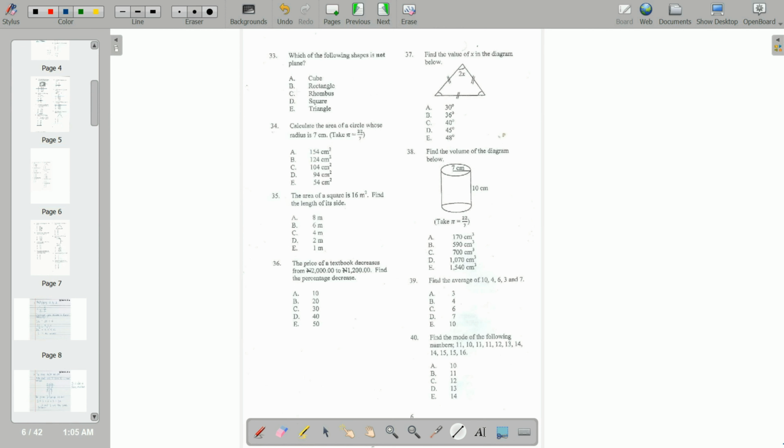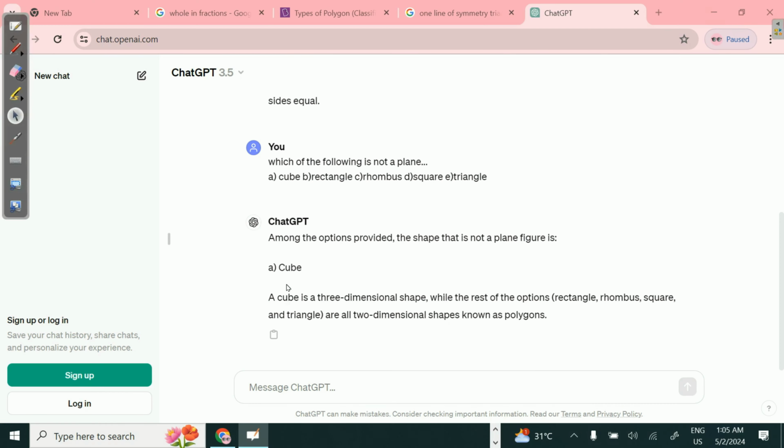Next is question 33. Which of the following shapes is not a plane? A cube is a three-dimensional shape while the rest of the options are all two-dimensional shapes. Therefore, we say a cube is not a plane.